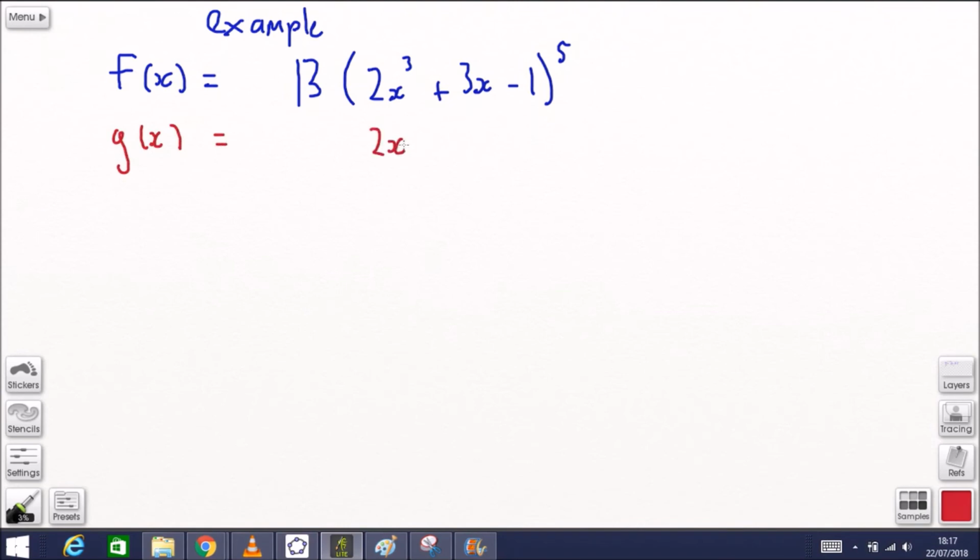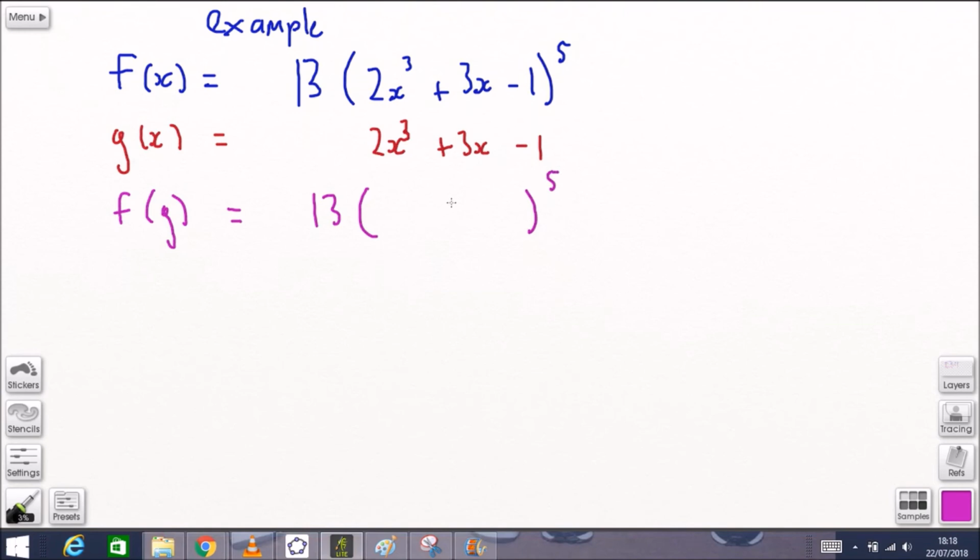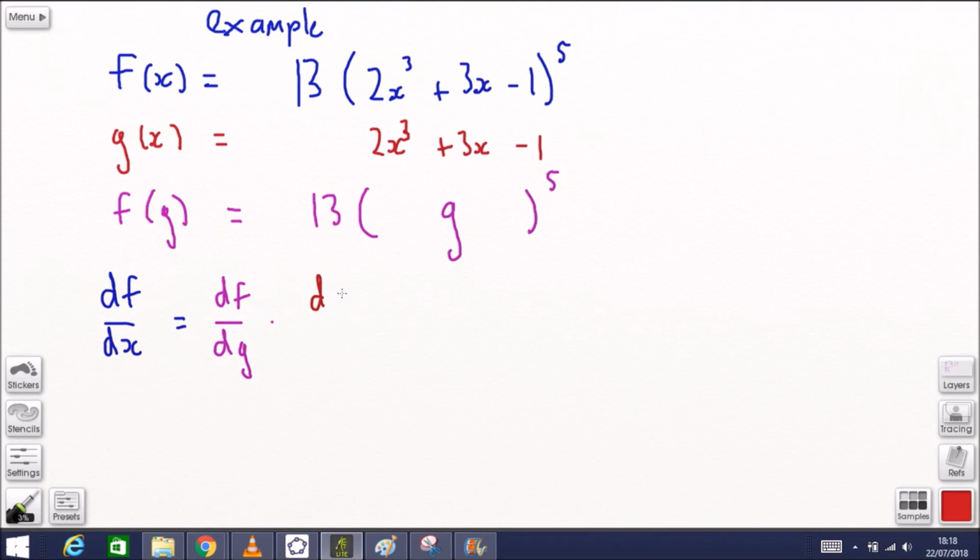f is a function of x. We'll call g the inside function, which is everything inside the brackets, and f is the function of g, so that's what's happening outside the brackets in this case. So the outer function is f and the inner function is g. So our chain rule says df dx.